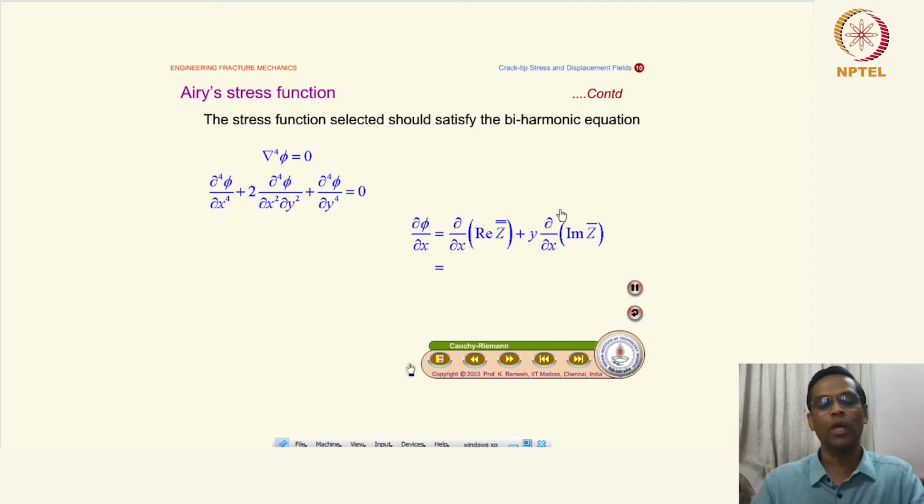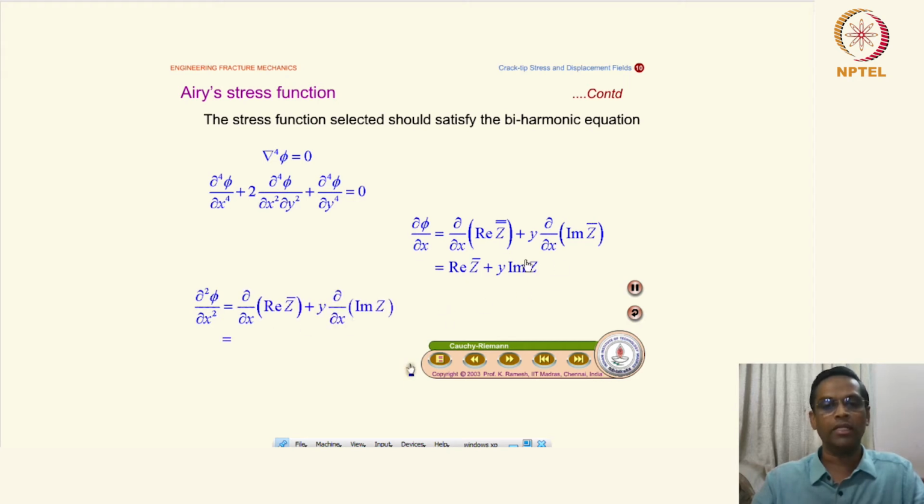Since we know how to write the differential form and the integral form of the Westergaard stress function, we can write dou phi by dou x is equal to dou by dou x of real part of z double bar plus y dou by dou x of imaginary part of z single bar, which after differentiation becomes real part of z bar plus y imaginary part of z.